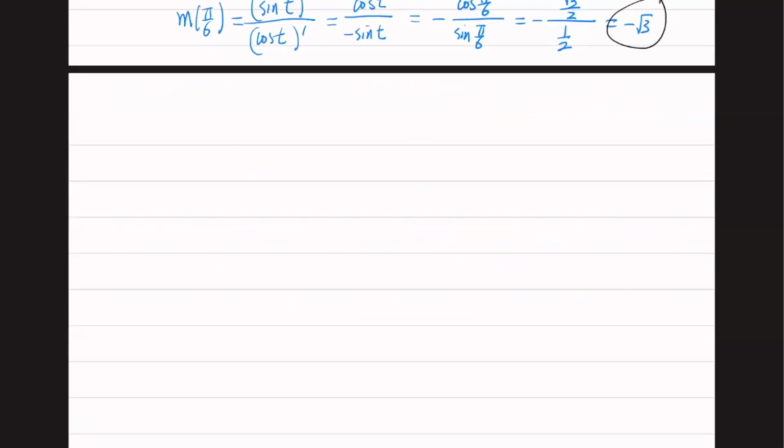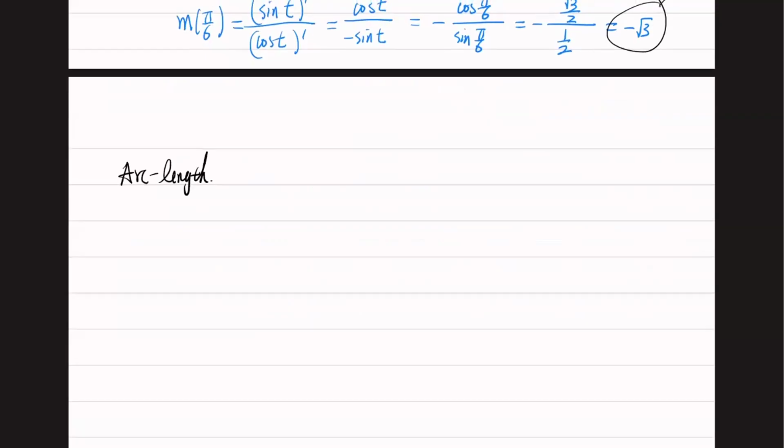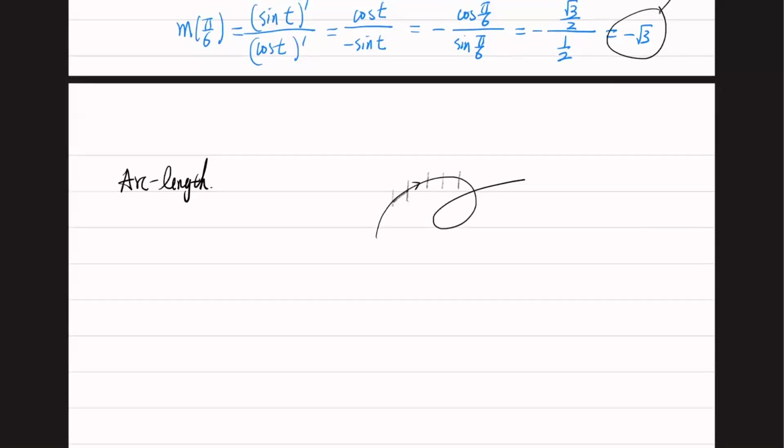Okay, so another quantity for this parametric curve is the arc length. How long the curve is. To find the arc length, we will break this into small pieces as we have done before. And for each piece, we use the Pythagorean theorem.